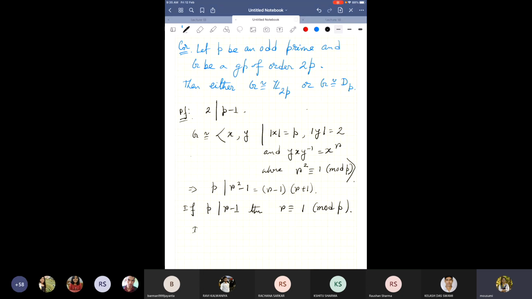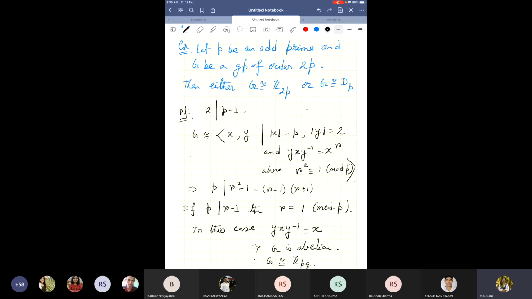In this case, we will in fact get that y inverse will be equal to x, and from there you can conclude that G is abelian. Therefore G will be isomorphic with the cyclic group of order 2p.